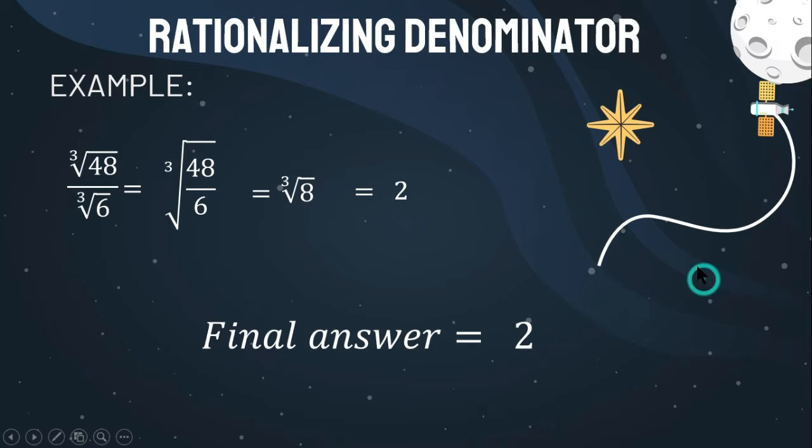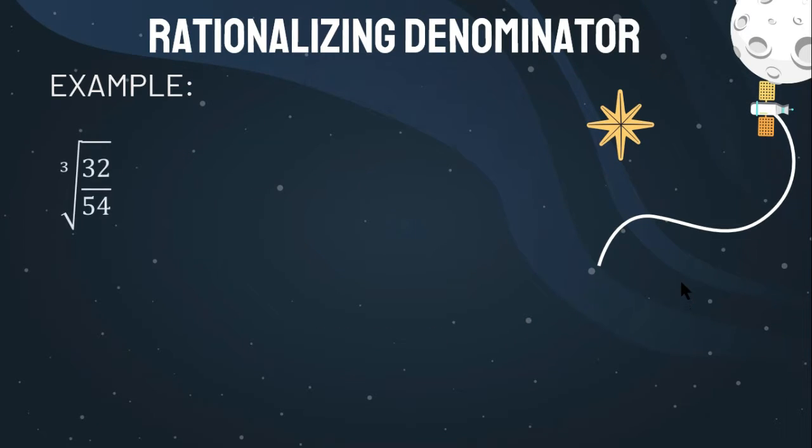Another example. Cube root of 32 over 54. The first method is I separate the radical sign. So cube root of 32 over cube root of 54. And then I'm going to find the factor of 32 and 54 that is a perfect cube.